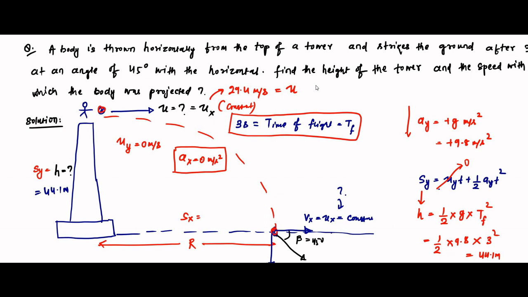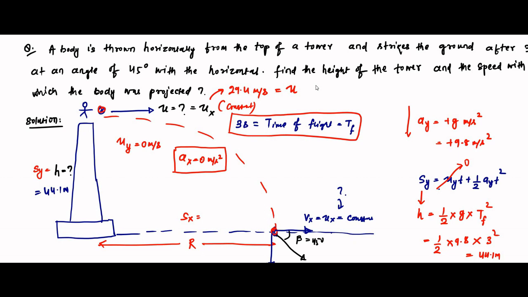Okay, so see how we have used the different information which is given in the question. We have used the principle of independence of motion, dividing the whole projectile motion into x and y components, then using the standard equations of motion to find out the different parameters.